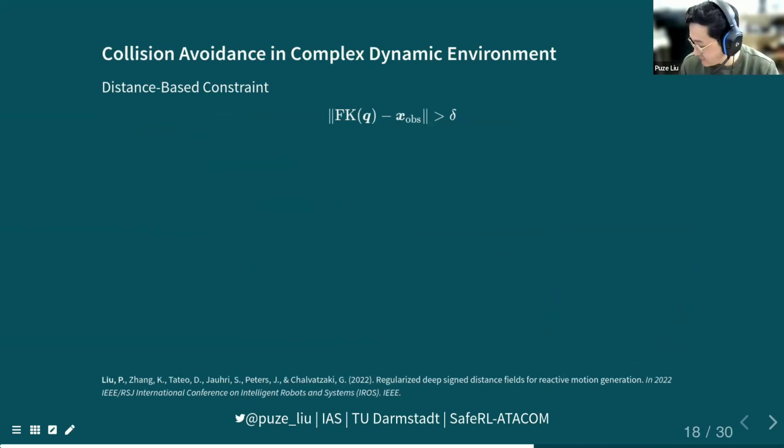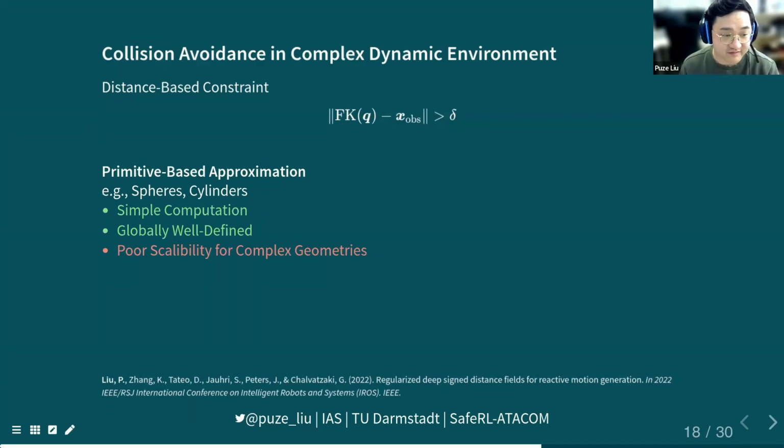For collision avoidance, the most typical approach that people discuss is that we would like to ensure the distance between my robot and the obstacles to be bigger than a threshold. Most typically, people use some primitives to approximate the geometry of the obstacles, for example, spheres or cylinders.